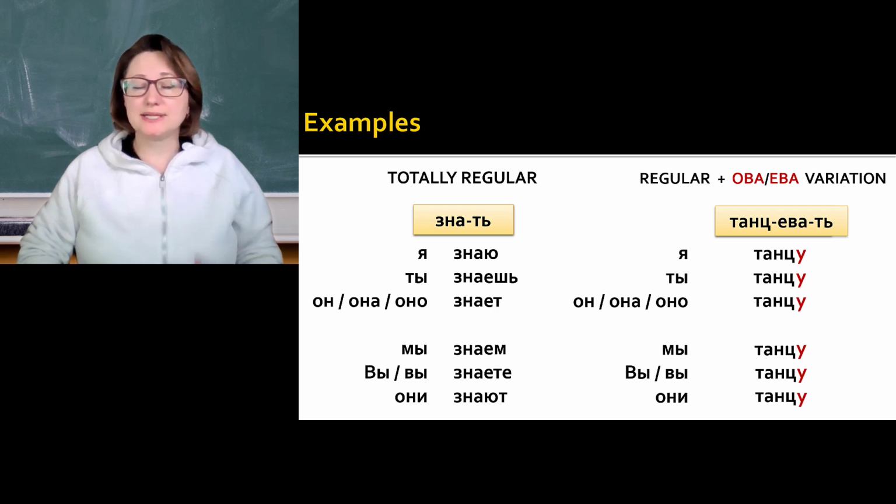So for instance, to say I am dancing or I dance, you will say я танцую. You are dancing or you dance. Ты танцуешь. Он, она, оно танцует. Мы танцуем. Вы танцуете. Они танцуют. So that's how we conjugate the ova, jeva verbs.